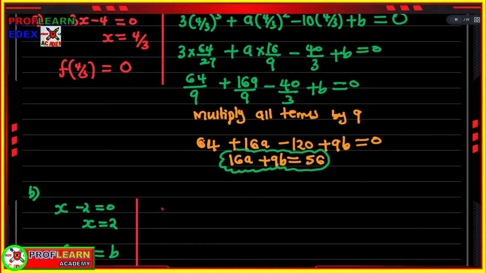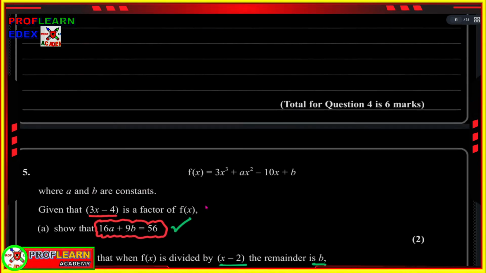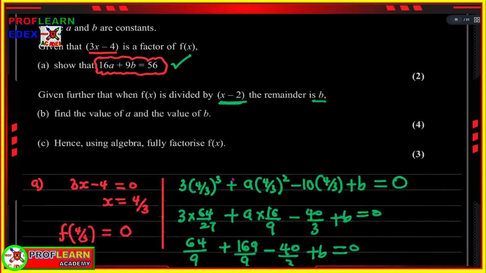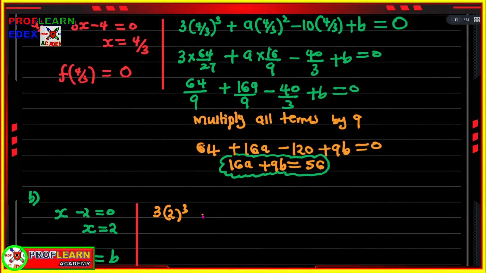So when I substitute, I'm going to say 3 into 2 cubed because the function was 3x cubed, plus a into 2 squared, minus 10 into 2 plus b. The answer should be equal to b.